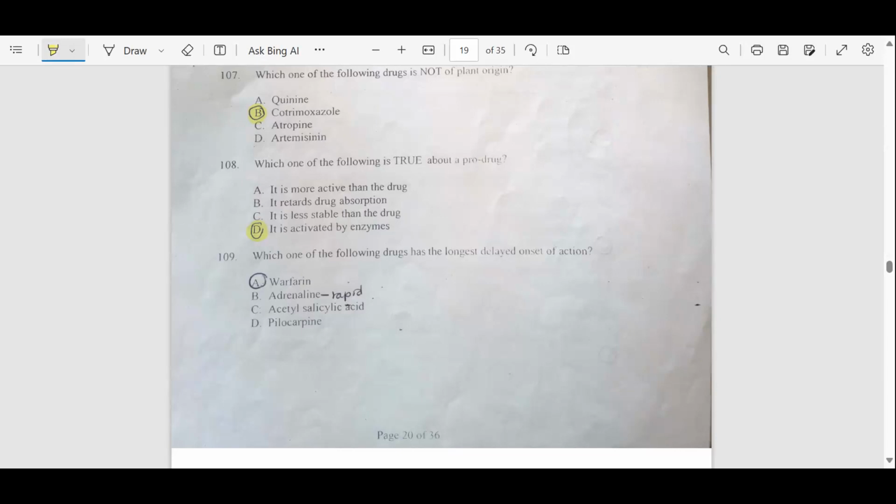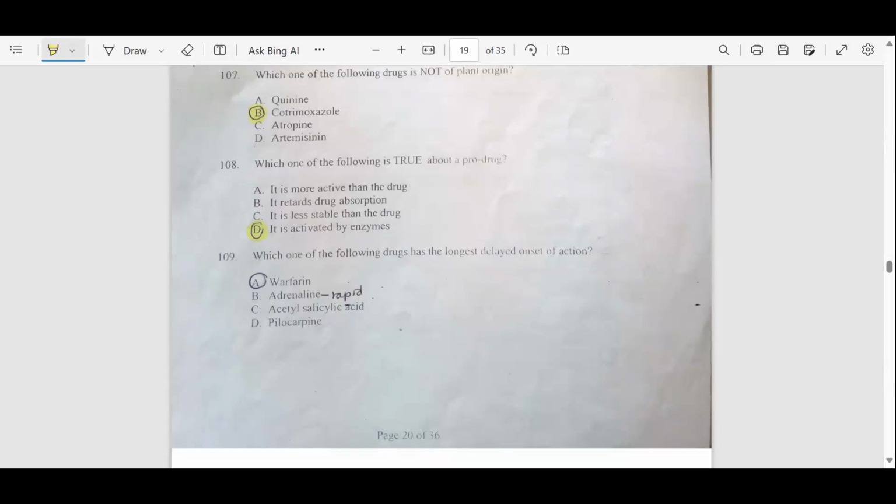Thank you for that. Even enalapril is a prodrug, an ACE inhibitor. The active drug is enalaprilat.